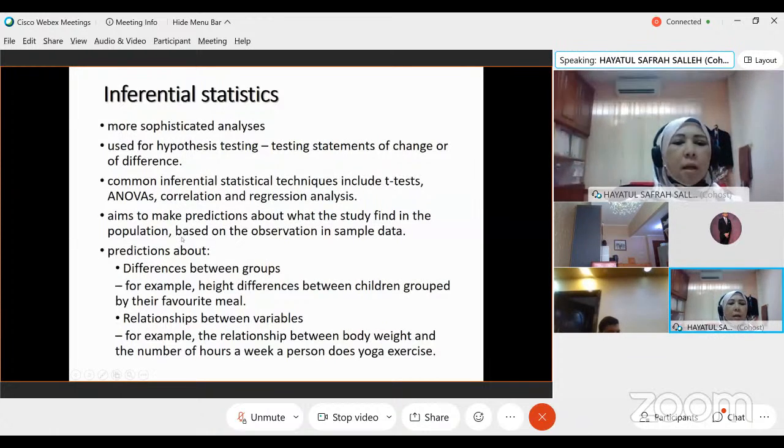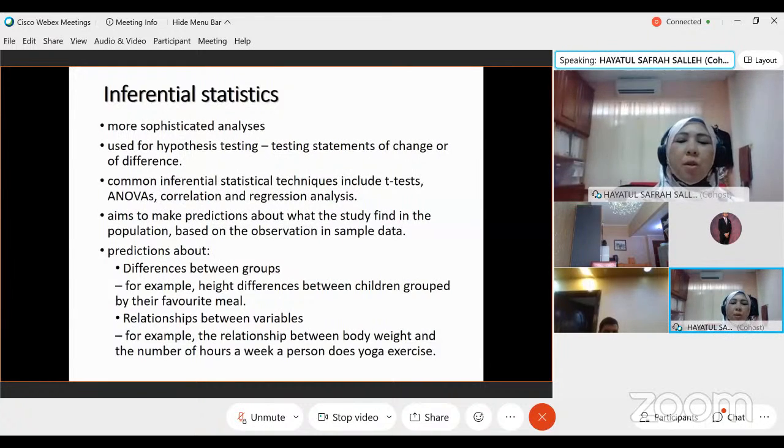It aims to make predictions about what the study finds in the population, based on observation in the sample data. When you use inferential statistics and answer the hypothesis testing, you can predict about your study in the real world, in the population.